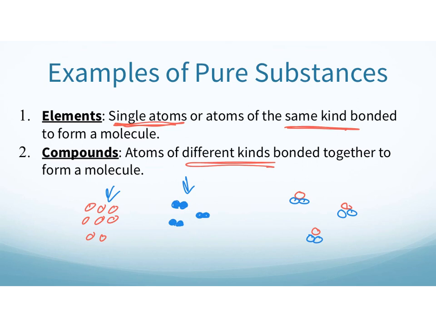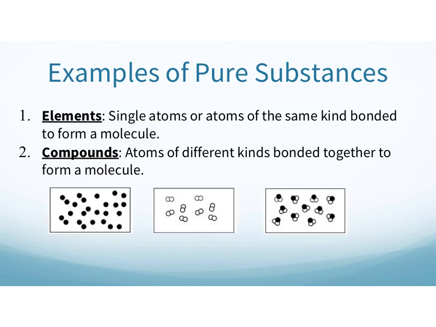The important key is that they're bonded together. This is still a pure substance because each one of these molecules looks the same. Each sample of water I would take would have the same physical and chemical properties as any sample that I took before it, because they're bonded together. That's a really important distinguishing characteristic.